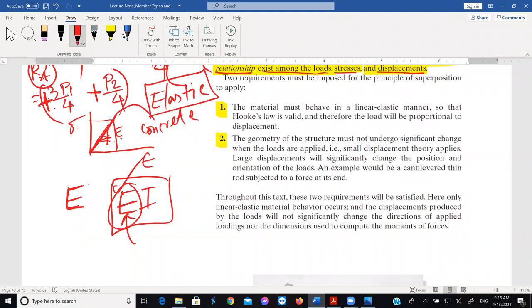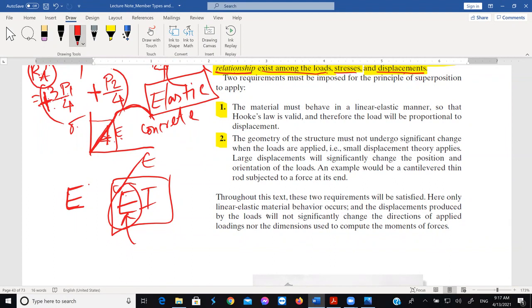However, there are some structural analysis methods, especially for earthquake analysis, for example, nonlinear time history analysis. In that case, we assume the structure behaves non-linearly. That means plastic deformation happens in the structure or member.